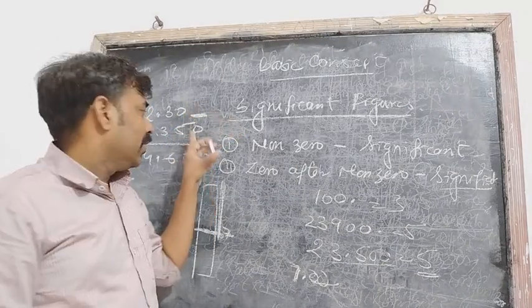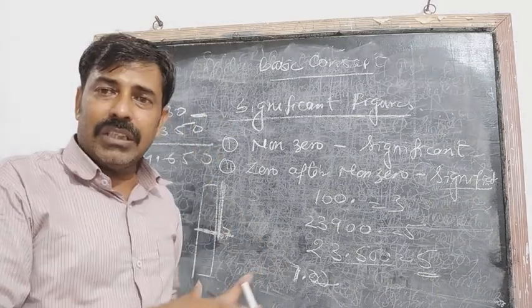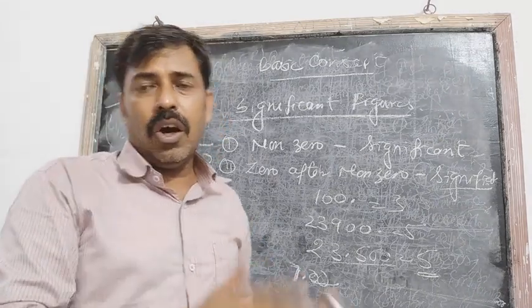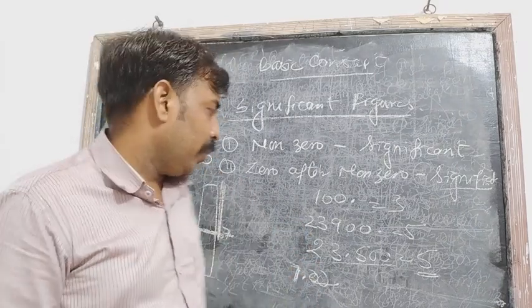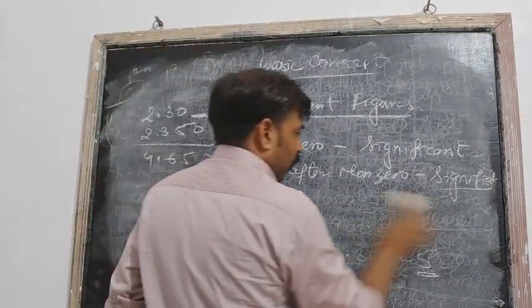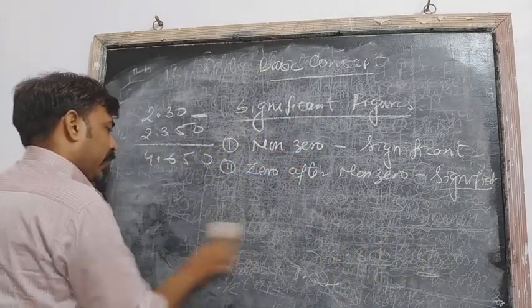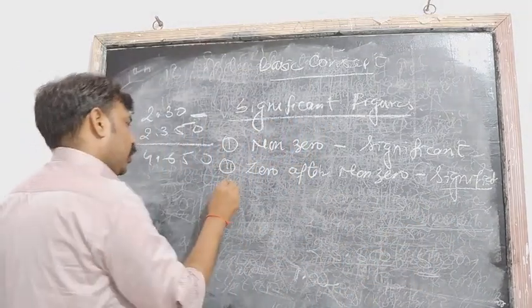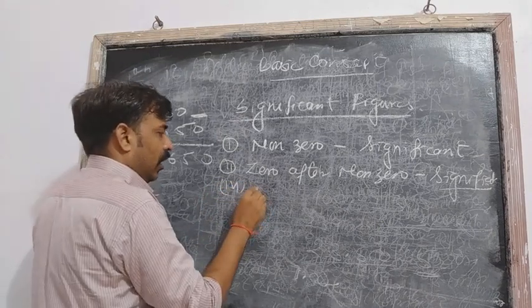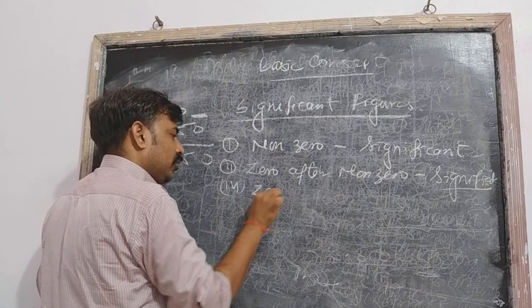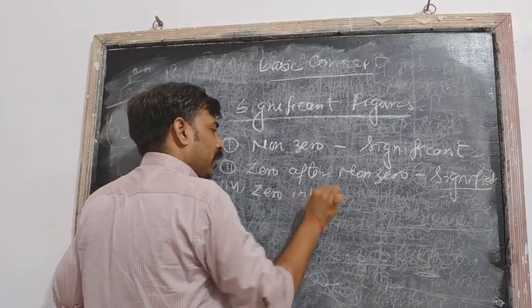So you can say that a 0 coming after a non-zero, whether it is coming after the point or before the point, will always be a significant figure. Now we are seeing the 0 in between non-zeros. If a 0 is coming in between non-zeros, that will be a significant figure.